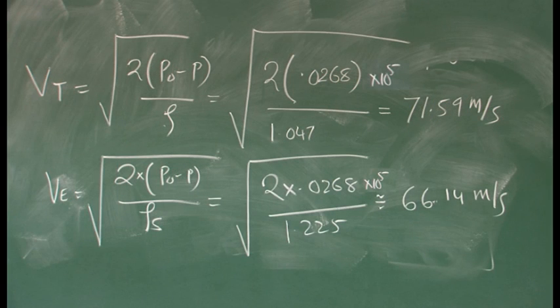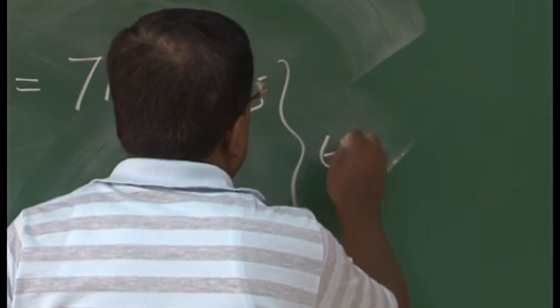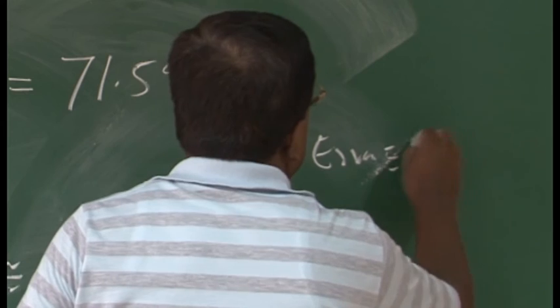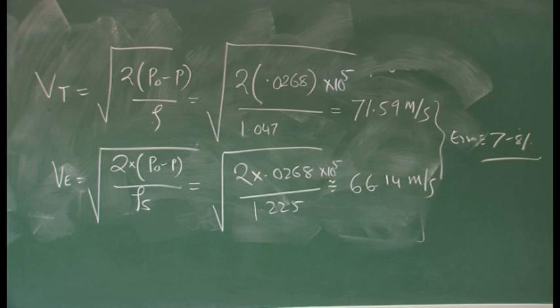Message is true air relative speed is 71.59 meter per second, but V equivalent air relative speed, which is actually what I am seeing in the dial gauge or airspeed indicator, is 66.14 meter per second, and roughly the error is of 7 to 8%. Okay, this will help you in calculating equivalent airspeed and true airspeed.